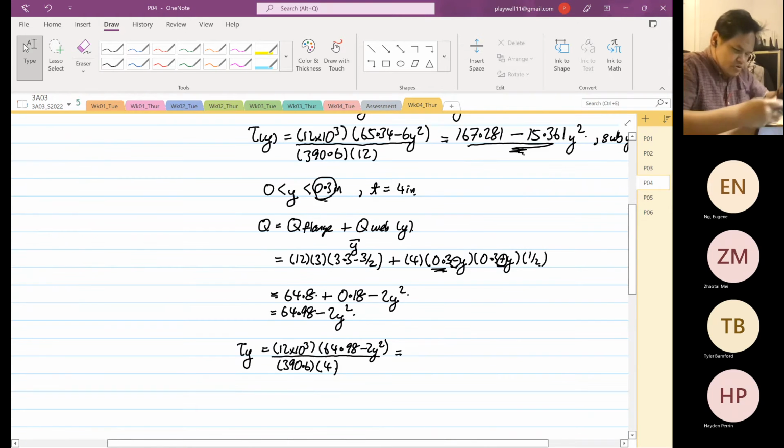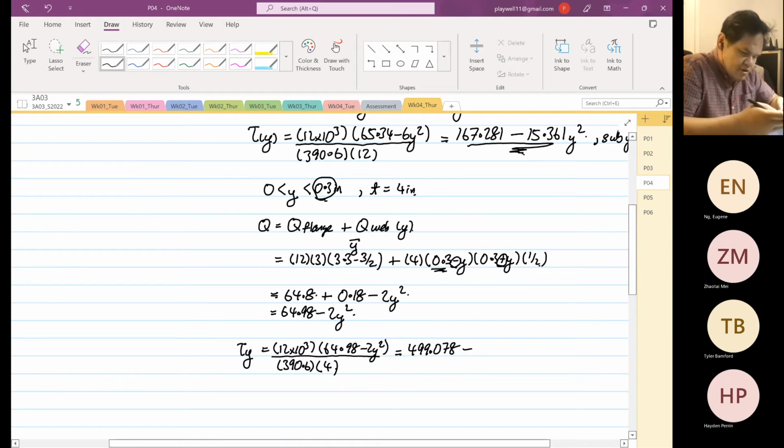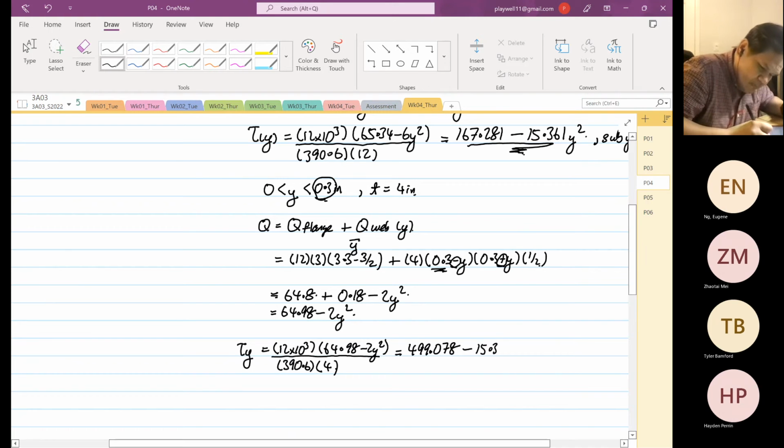Okay, so 12 to the power 3, that's 64.98 divided by 390.6 divided by 4 is equal to 499.078, and this number looks familiar, doesn't it? Minus 12 to the power 3 times 2 divided by 390.6 divided by 4, which is equal to 15.36. Okay, 15.361 y squared.